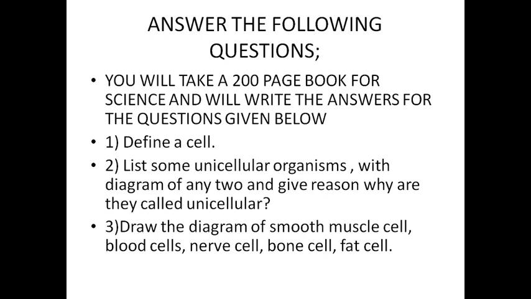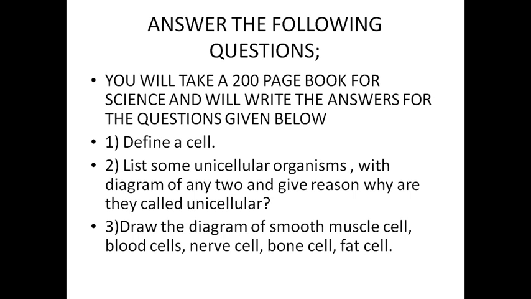I would like you to answer the following questions, and for that you will take a 200-page book for science and write the answers for the questions given below, and henceforth please maintain that book for further reference. The first question says, define a cell. Second, list some unicellular organisms with diagram of any two and give reason why they are called unicellular.